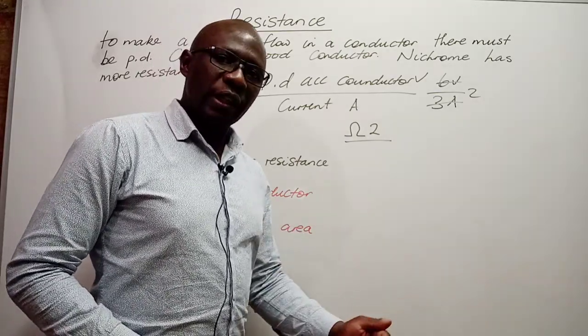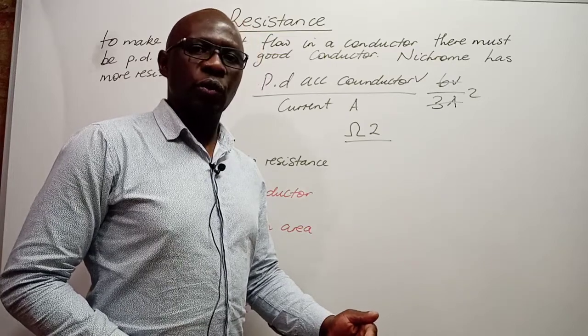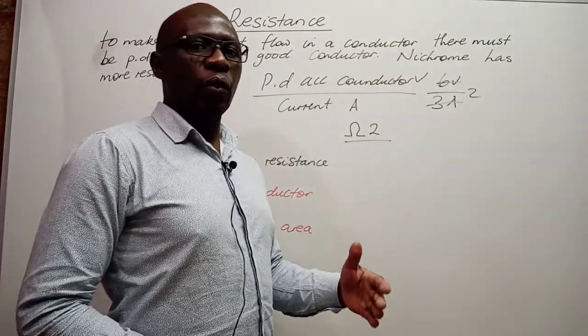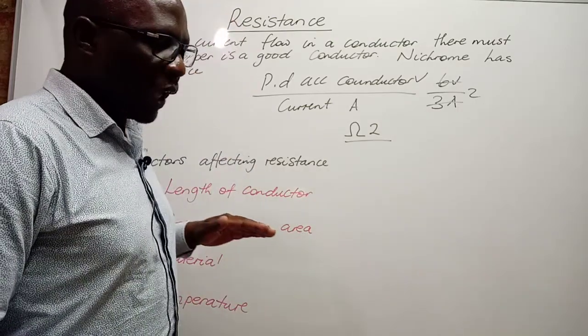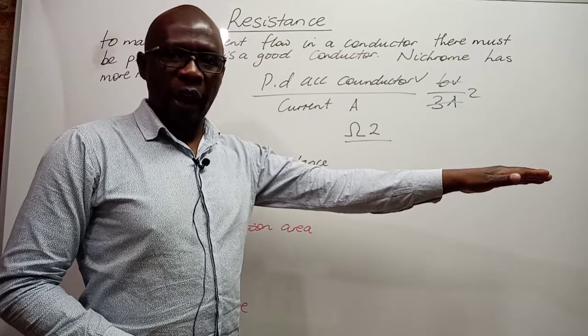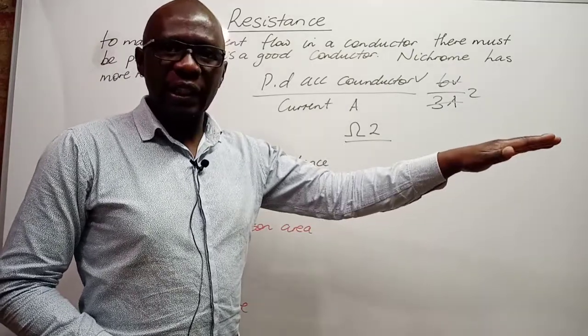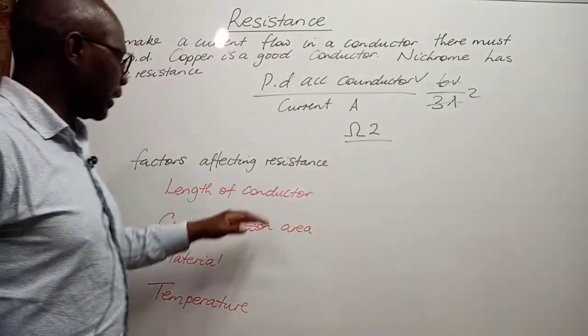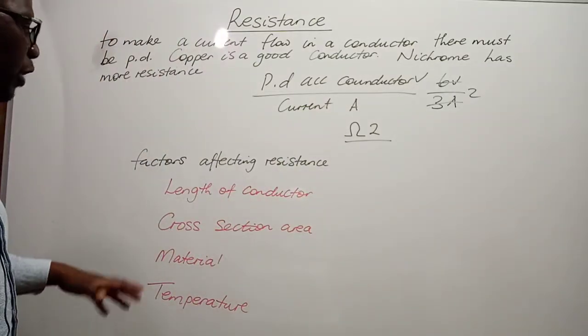The longer the travel that you do, the longer the distance, the more tired you become. So as electrons are flowing through a wire, the longer the distance they cover, the more the resistance. This is more like self-explanatory.